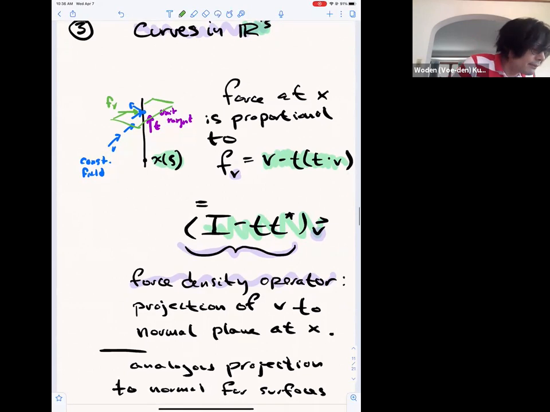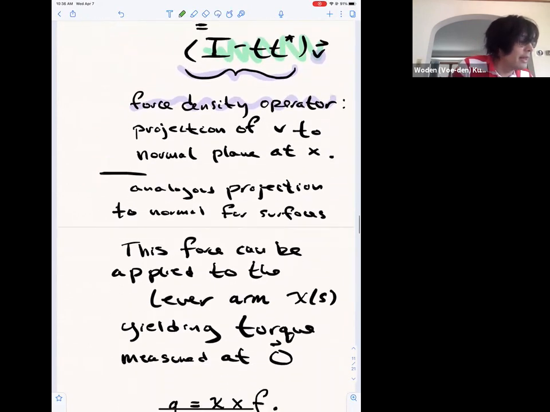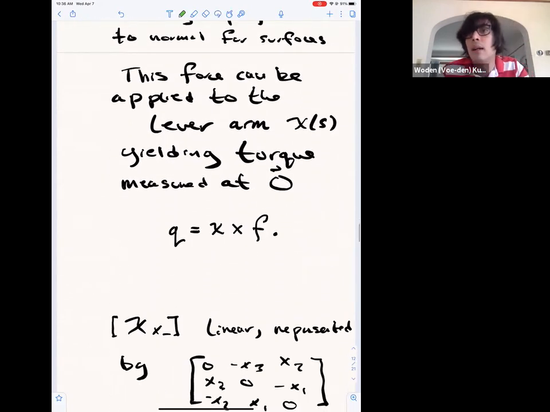So that gives us a force at that point. And again, if we remember how our classical basic mechanics works here, this is a force, and we can think about this as being applied to a lever arm at that point. So the force is generating a torque around the origin. We've chosen the origin arbitrarily. It's implicit in our parameterization here.